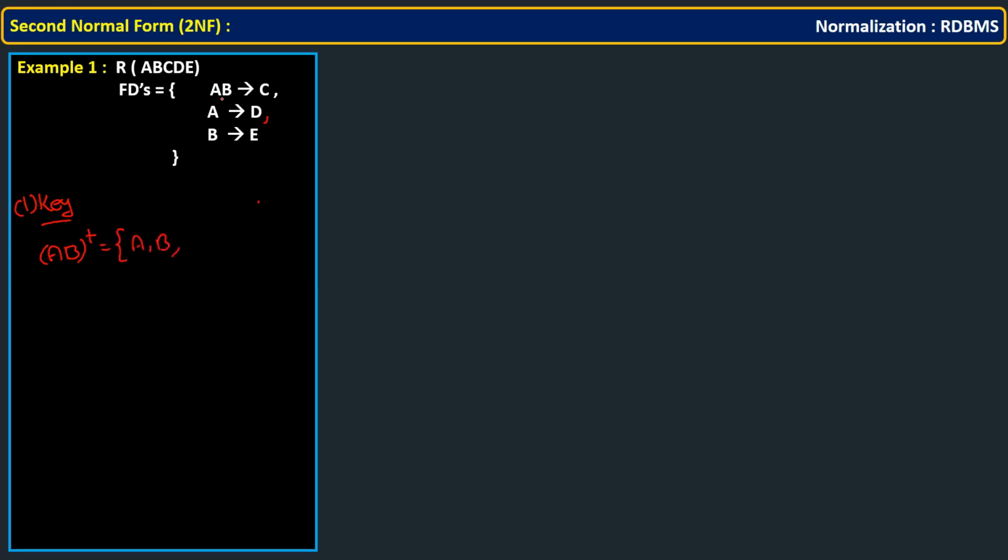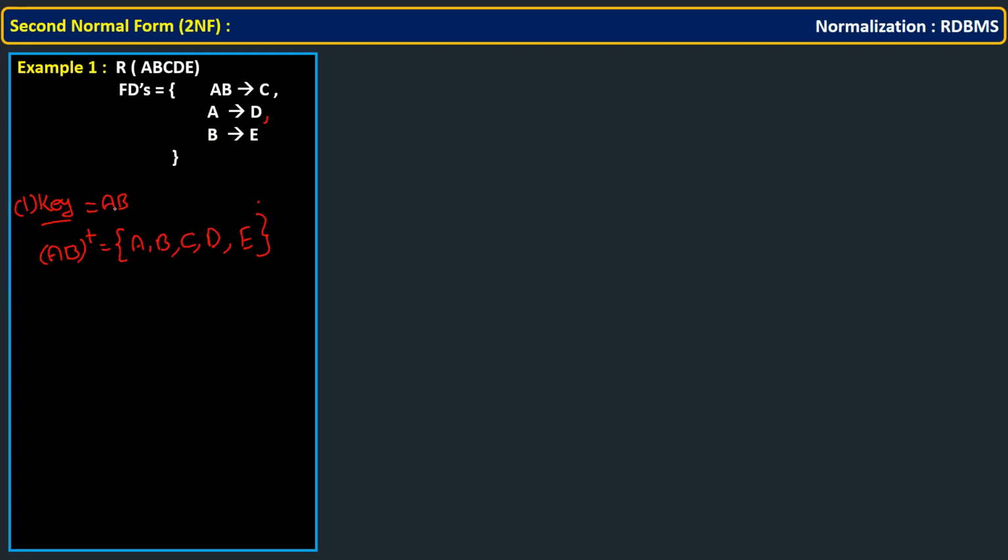Then A, B together derive C, so take C. And A derives D and B derives E. So we are able to derive all attributes by using these two attributes. So the key is going to become AB.